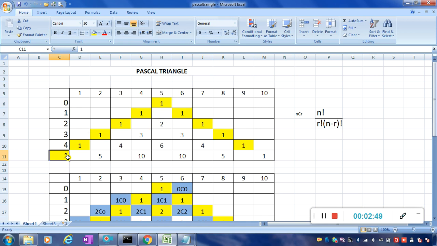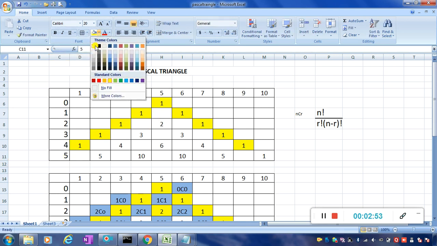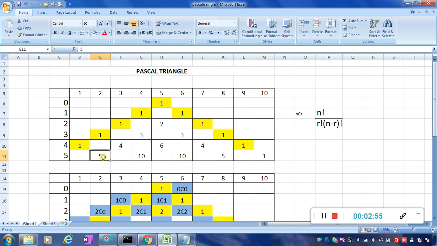Now let's see how we are going to implement this logic. I'll just delete this. We will work till the first 5 rows only. Now I am using the formula for NCR. The NCR formula is n factorial upon r factorial into n minus r factorial.